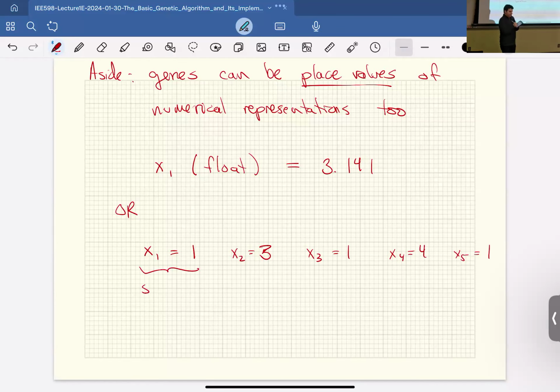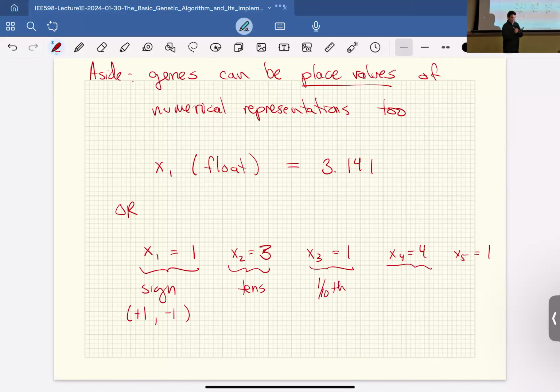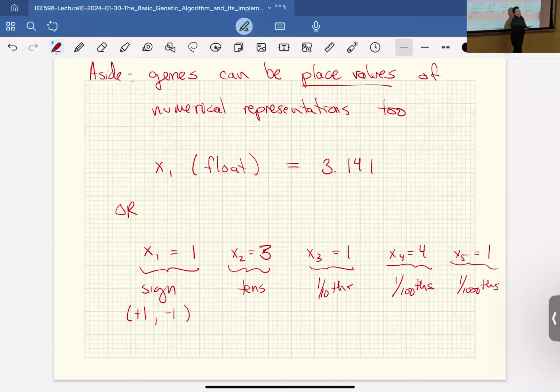So this here is a sign value, either +1 or -1. Then here's your ones, the tenths, your hundredths value, and your thousandths. So you can break things up numerically as well.